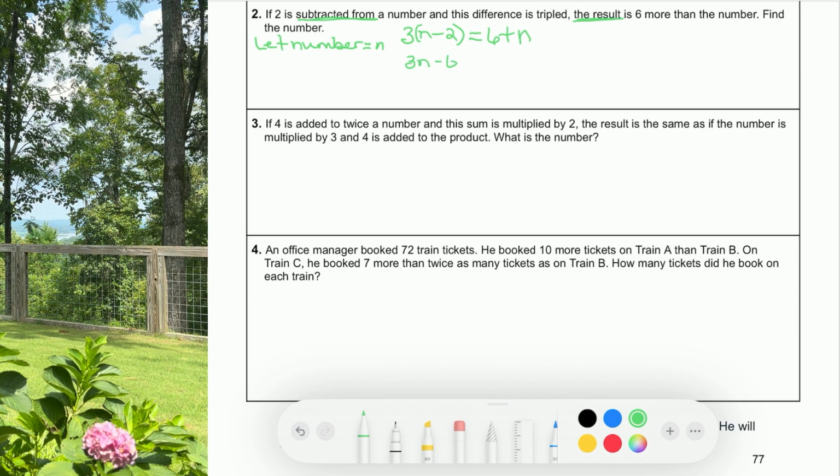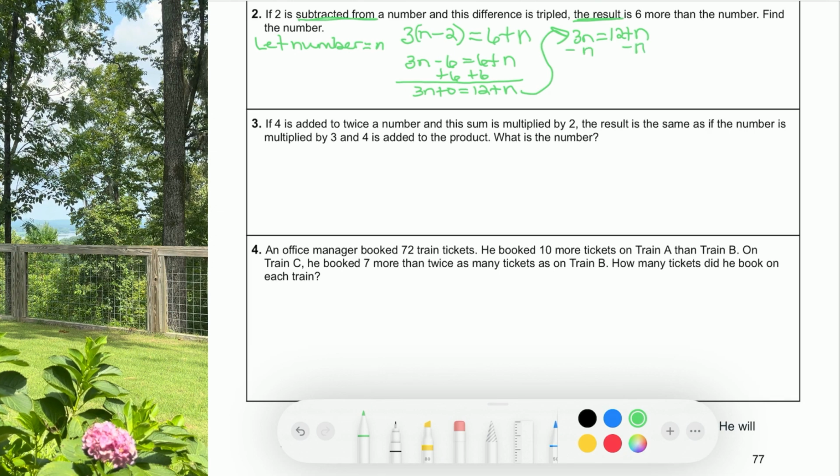We're going to distribute and get 3n minus 6 equals 6 plus n. I'm going to add 6 to both sides and get 3n plus 0 equals 12 plus n. So we get 3n equals 12 plus n.